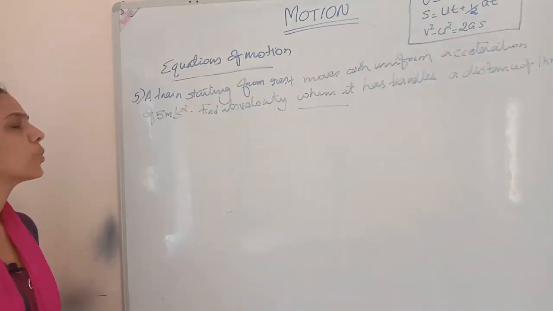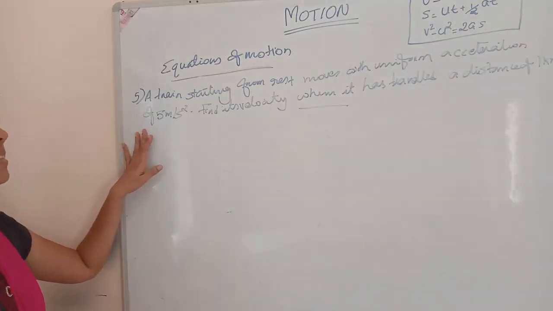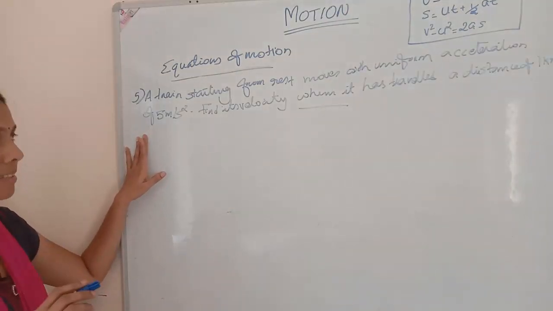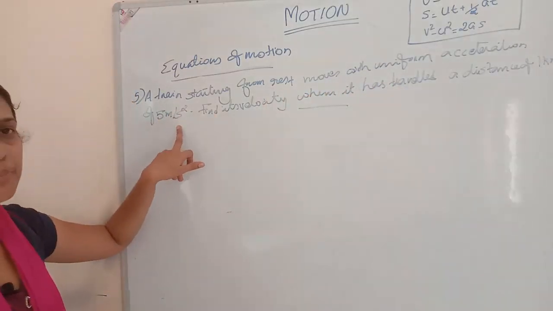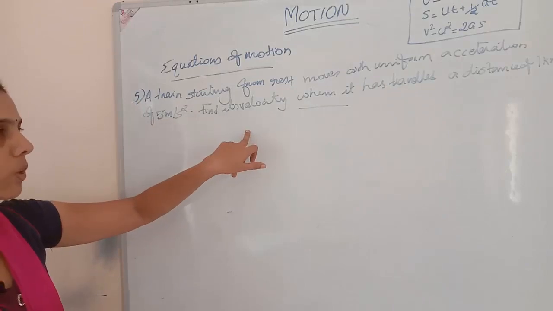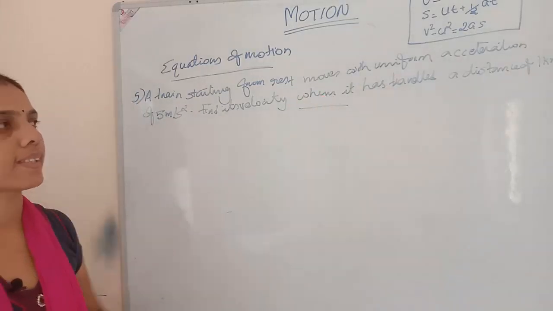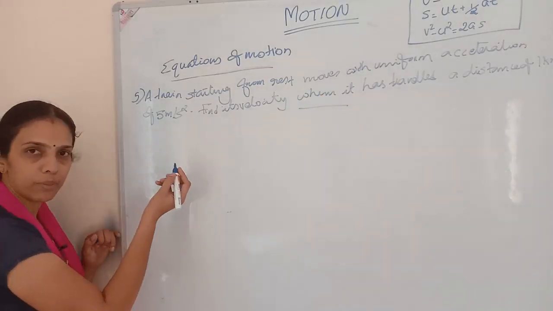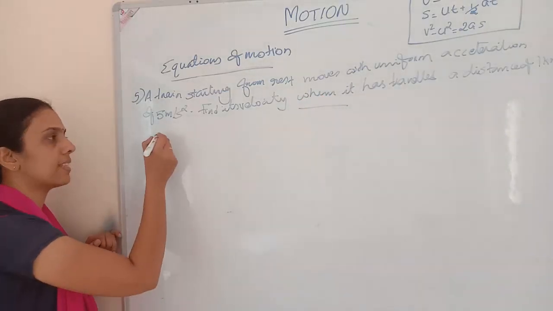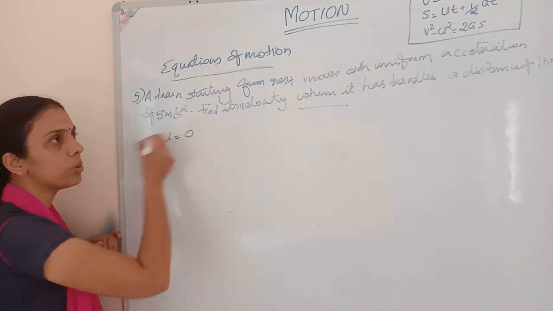Okay. So the next one is, a train starting from rest moves with a uniform acceleration of 5 meter per second square. Find its velocity when it has travelled a distance of 1 kilometer. So the train is starting from rest, so initial velocity is equal to 0.